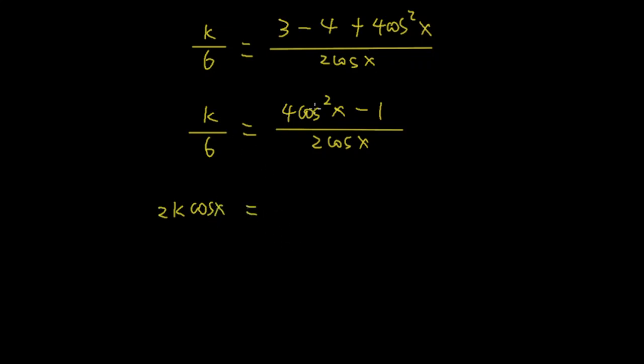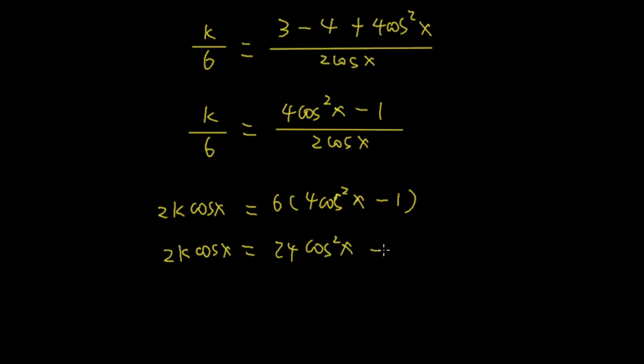Now 6 times 4 cosine squared x minus 1 is 6 times 4 cosine squared x minus 1. Now distribute the 6 to each of these. 2k cosine x is equal to 4 times 6, which is 24, cosine squared x minus 6 times 1, which is 6.